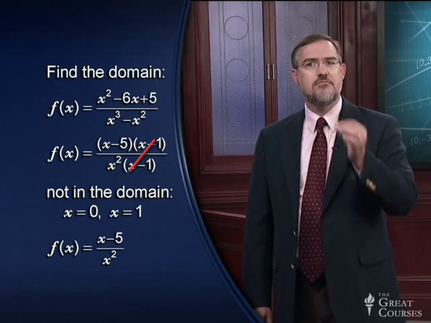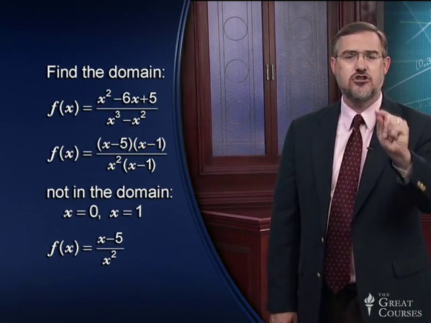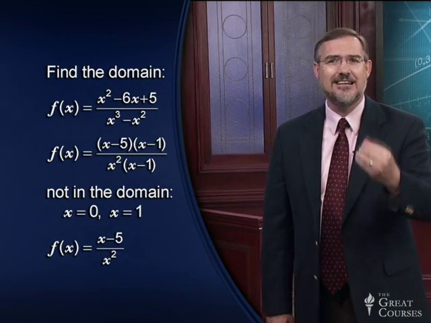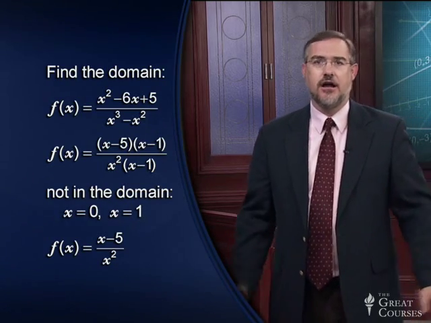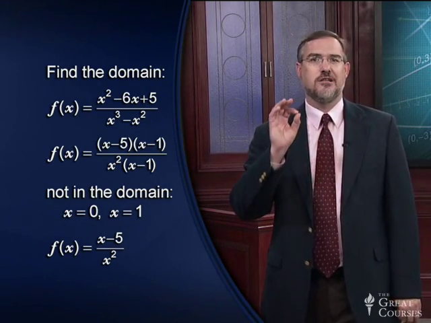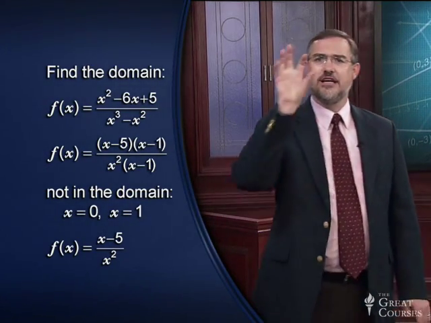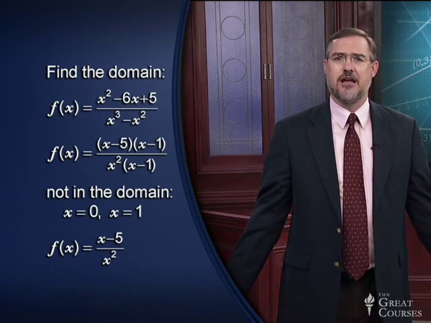But the fact of the matter remains, the domain of the original function f of x, which is what you and I were trying to find, does not allow x equals 1 to be included. Bottom line, if you or I try to plug in x equals 1 into the original function, we're going to get 0 divided by 0, and that makes absolutely no sense mathematically.